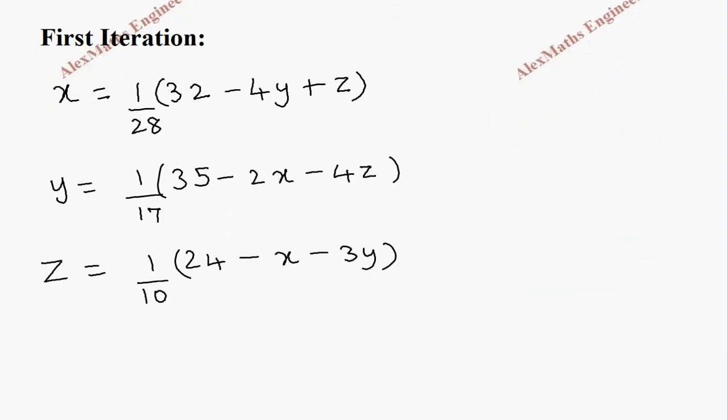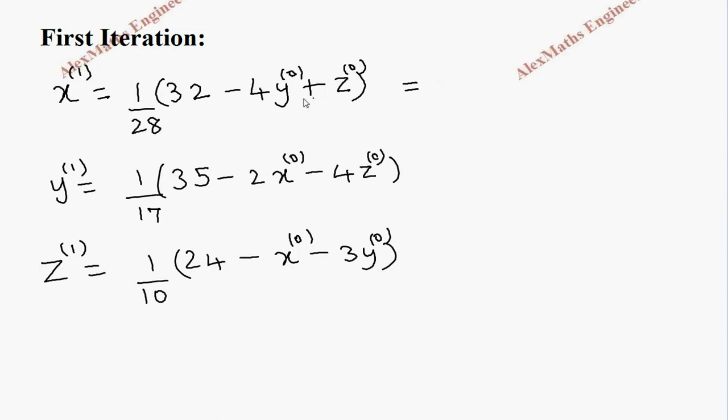This solution is represented as x of 0, y of 0 and z of 0. So we are going to use all these values here. When I substitute, I will be getting x of 1, y of 1, z of 1.